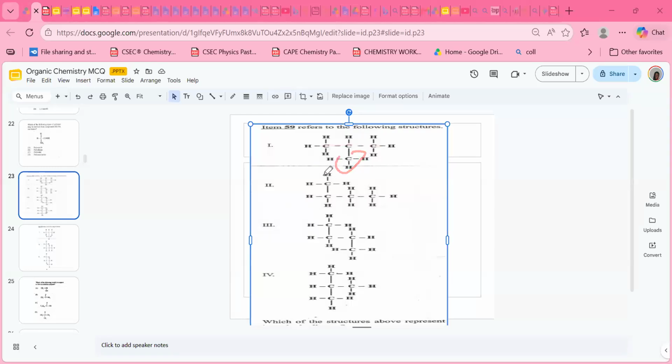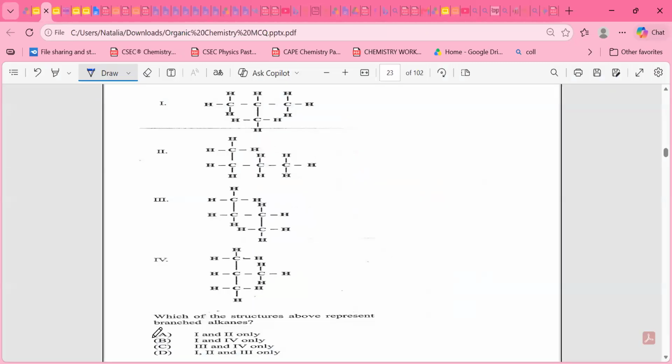So this is branched. To count all of these, I don't lift my finger, and it's not branched. To count these, I didn't need to lift my finger, but to count this carbon, I need to lift my finger. So 1 and 4 are branched. Clear? Yes, miss.